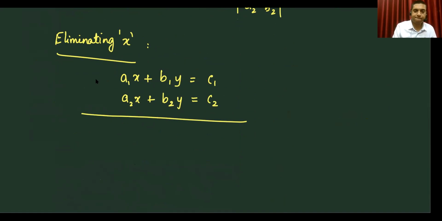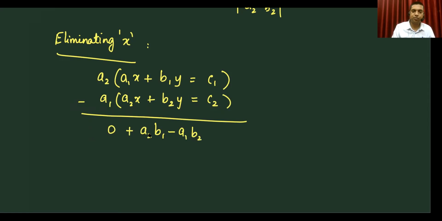Multiply the first equation by a2 and the second equation by a1, and subtract. So you get 0 plus a2 b1 minus a1 b2 times y is equal to a2 c1 minus a1 c2.